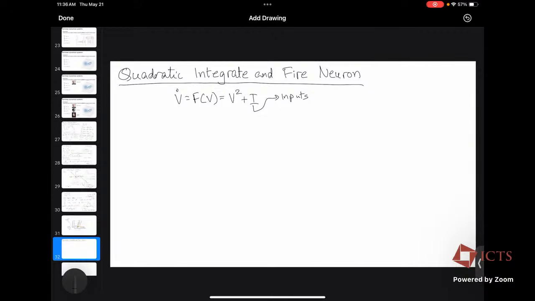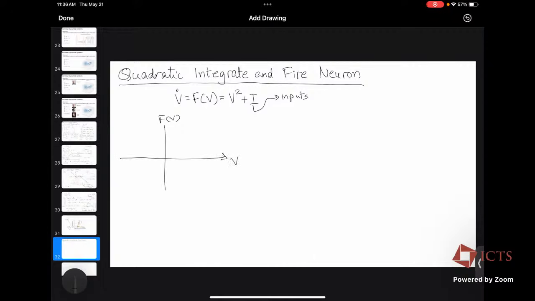So let's try to understand this model and see whether it is actually able to capture the qualitative dynamics we wanted to describe. Once again, let's take the graphical approach, as we said we are interested in these graphical approaches. Let's plot f of v versus v.